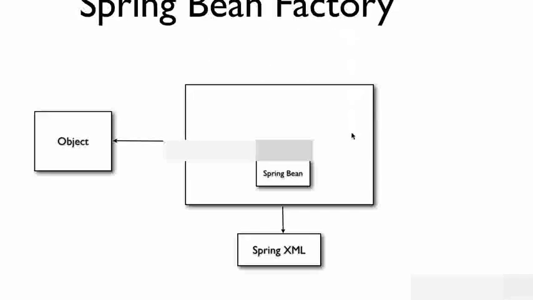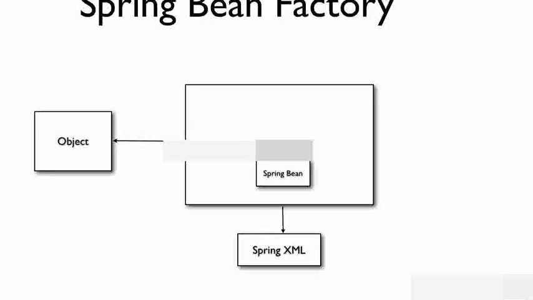Now we'll actually code the whole stuff here. We'll have a main method here which calls the Spring bean factory, and then we'll have to provide a Spring XML as well. We'll define the bean that needs to be created in our Spring XML, and then we'll talk to the bean factory and say, hey bean factory, get me that bean.